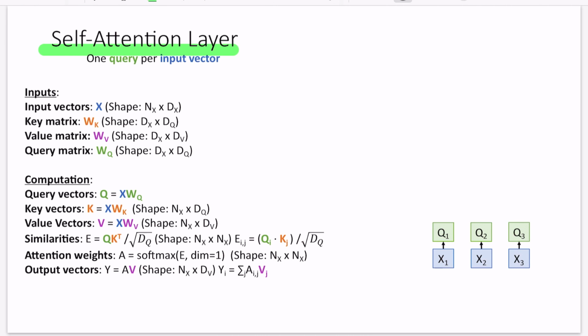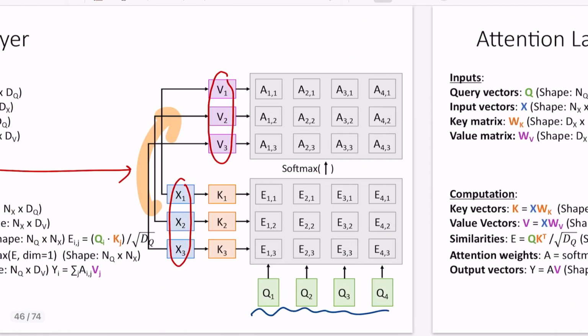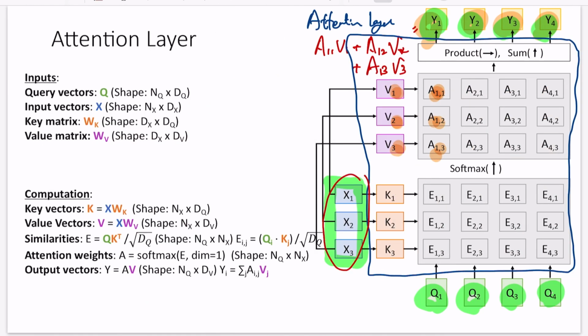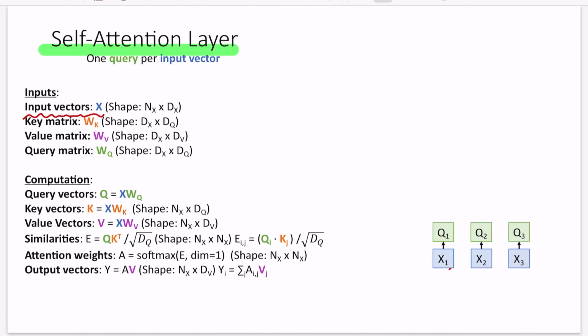Then your only input for the attention layer is going to be the matrix X, a set of vectors. In the self-attention layer, your vector X is going to be the key, query and value at the same time with the corresponding MLP layers: key matrix WK, value matrix WV, and query matrix WQ.